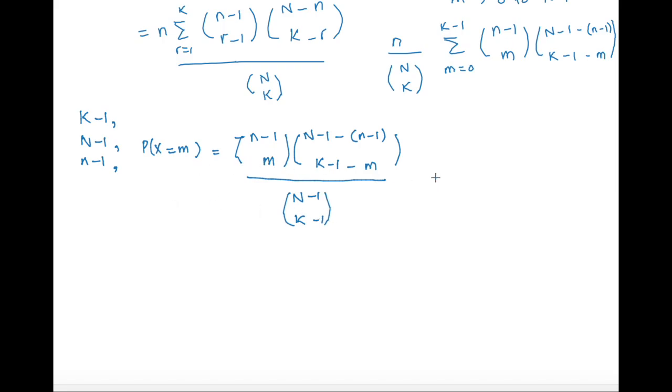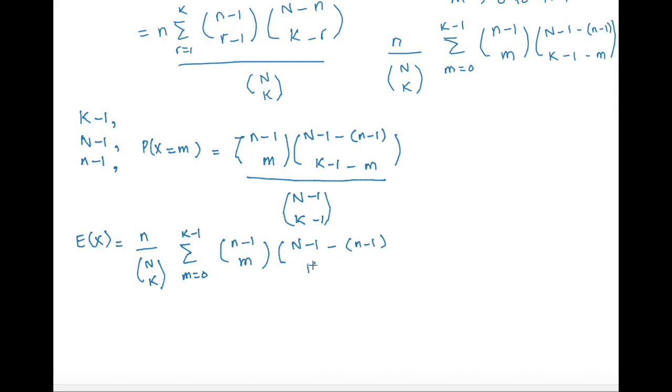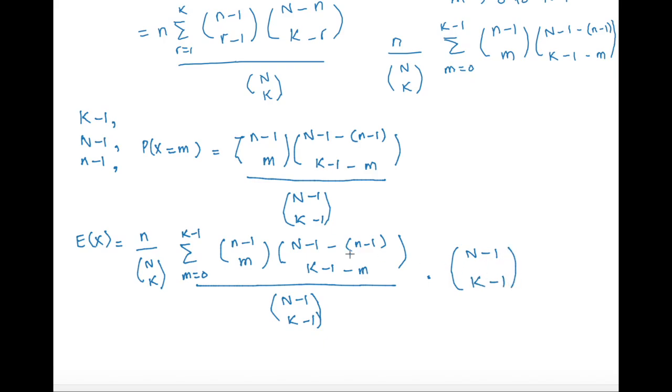And if I do the summation here, if I use this expression, I will have n over N choose k, m equal to 0 to k minus 1, and I will just copy from there (n minus 1) choose m times (N minus 1 minus (n minus 1)) choose (k minus 1 minus m), and then if I divide it by (N minus 1) choose (k minus 1) and multiply by (N minus 1) choose (k minus 1), then this guy is just the sum of all the probabilities of a random variable.